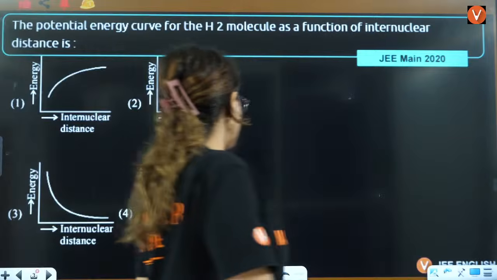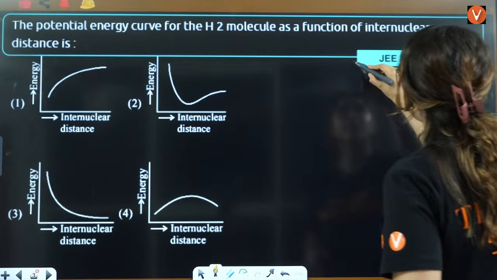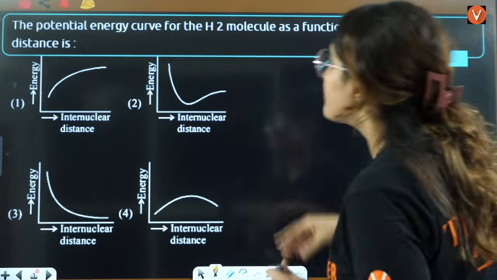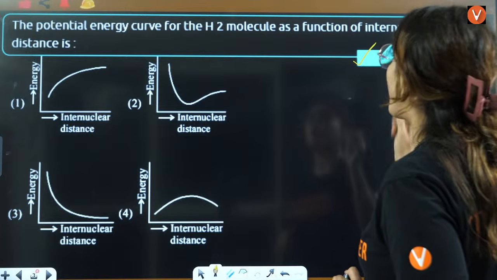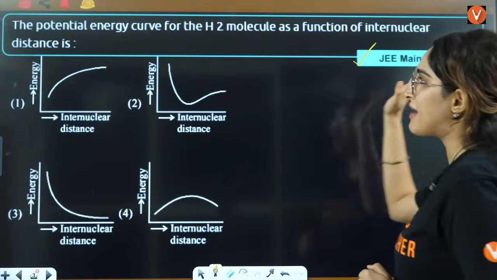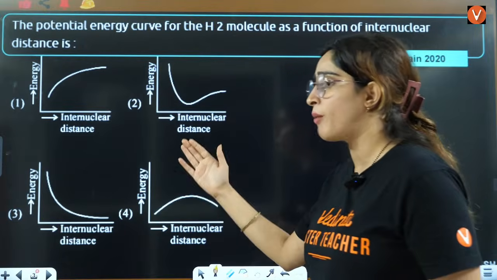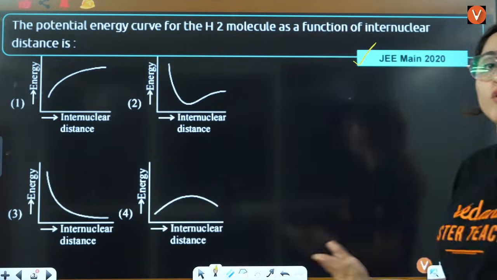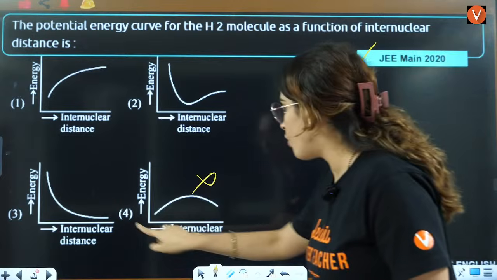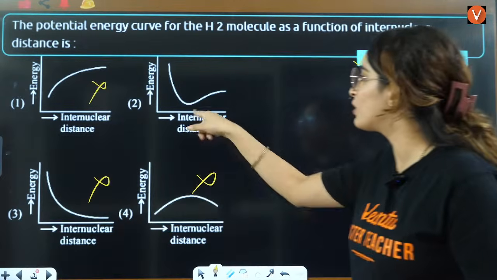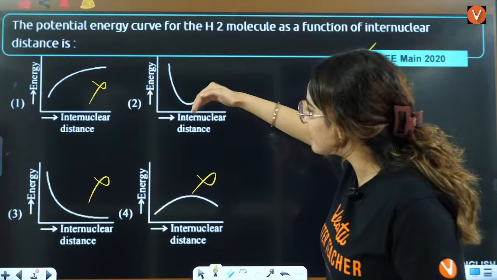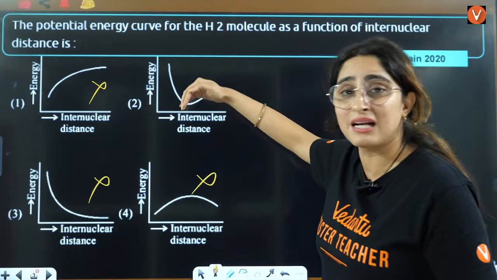From here, the question asked in JEE 2020 was about the potential energy curve for H2 molecules as a function of internuclear distance. A very simple, direct question from your NCERT. Tell me, what was the curve? It looked like this. When you decrease the distance, energy will decrease and stability will increase.